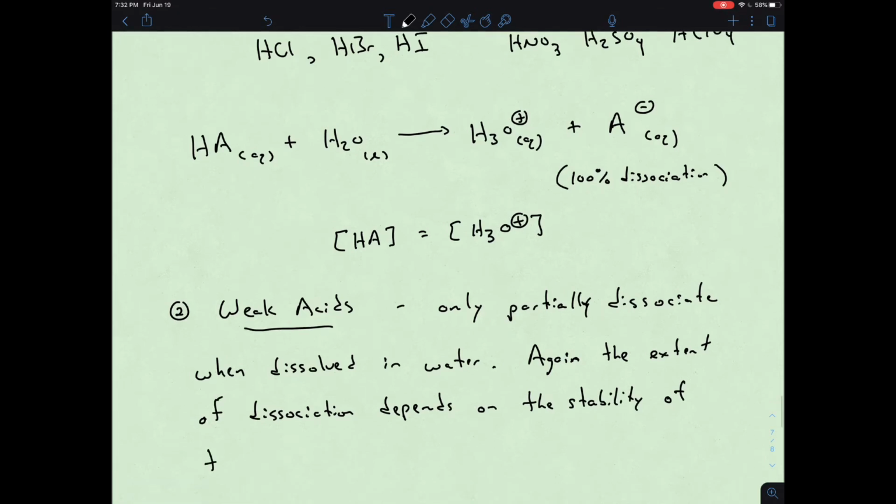And now we could actually call it the conjugate base, because we actually do have a backwards direction.